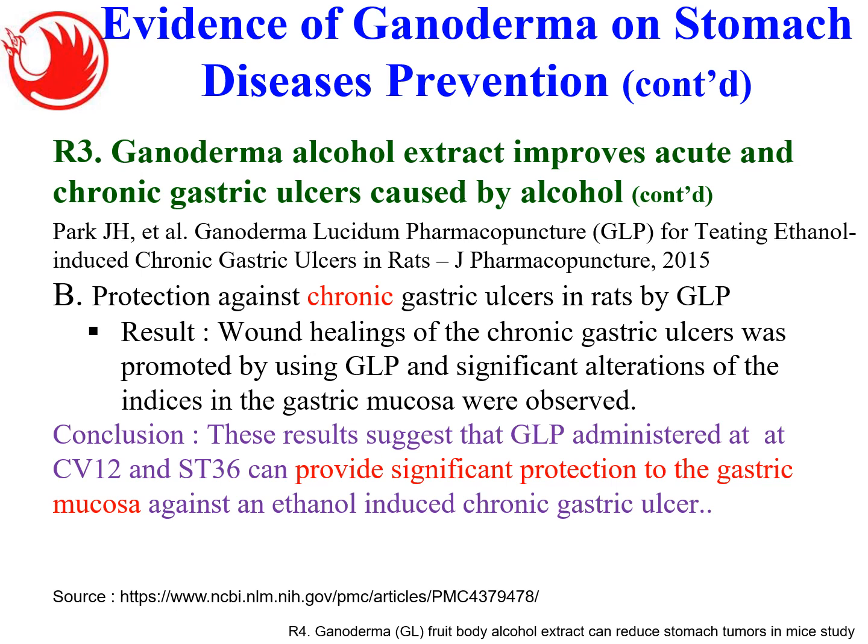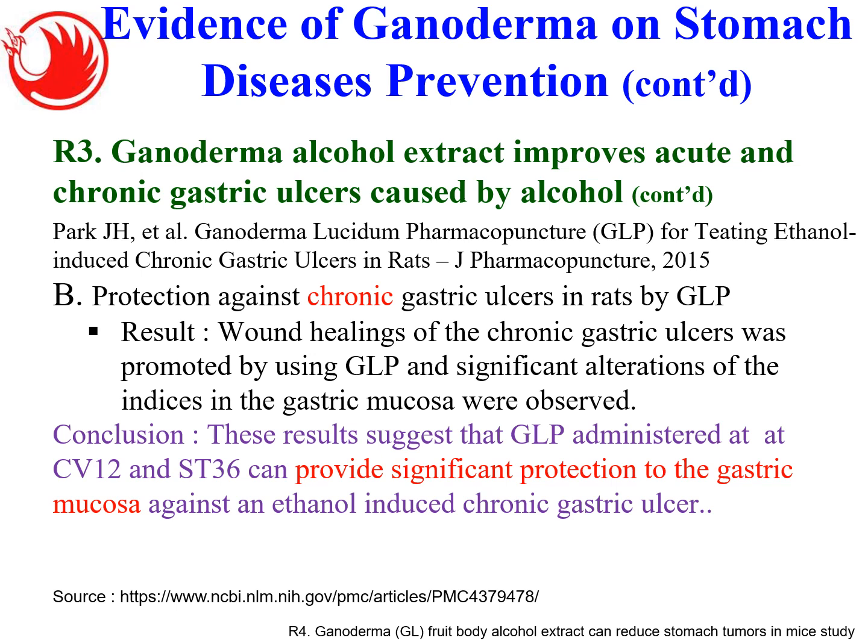They are interested to find out the protection against chronic gastric ulcer using Ganoderma. The result came back that the wound healing of the chronic gastric ulcer was promoted. The same thing, they also observed significant change and improvement at the mucosa level.